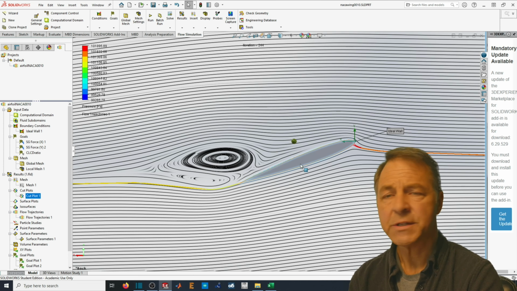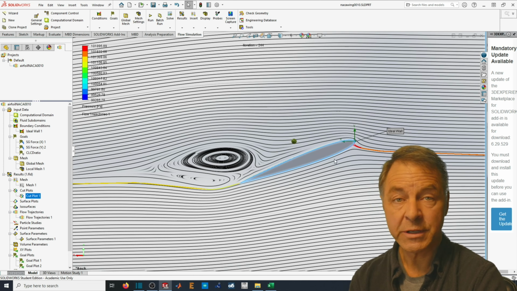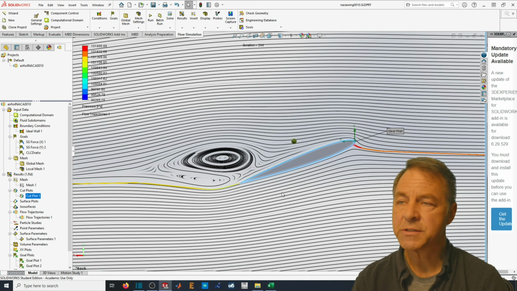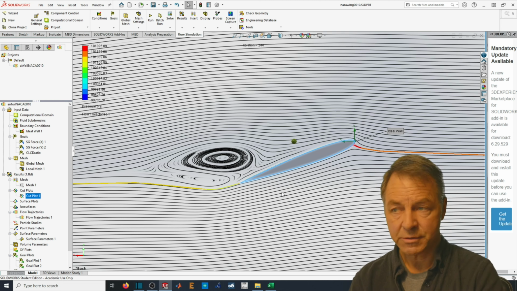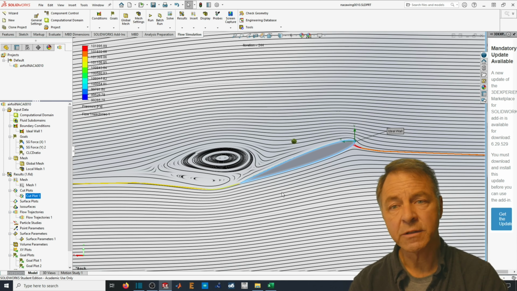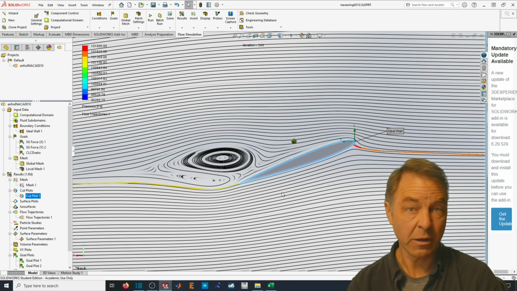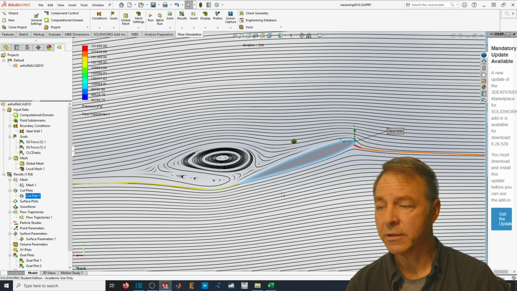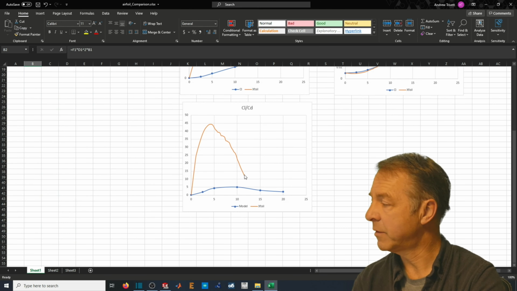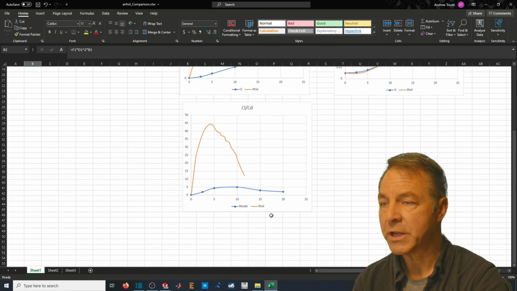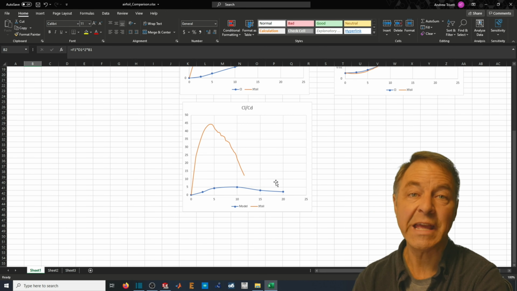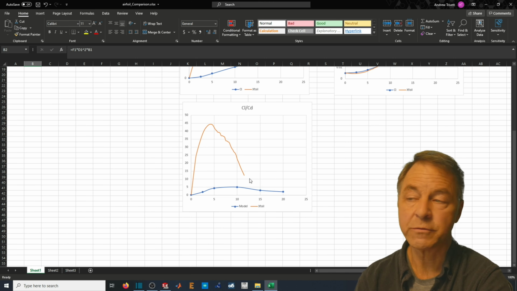We know that this is a situation of 20 degrees where the NACA data tells us that this airfoil has essentially stalled. This is a case where we expect the lift to drag coefficient to be quite low. In fact, I can look up the data, and if I look at the plot of lift to drag and project that, we don't expect it to have any lift at anything beyond 12 degrees.